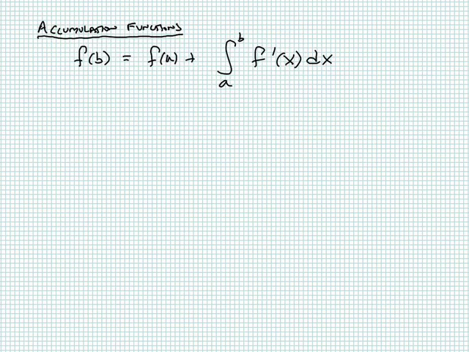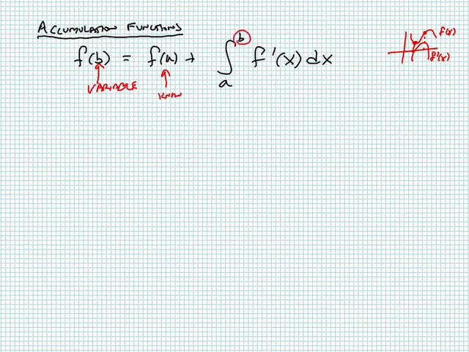What's new here is I want this b to be a variable so that I can solve for f of x. If I go back to that graph, here's my f of x, and I want to be able to solve for any point on this curve, given my f prime of x. So I'm going to make b my variable, and a is my known point.